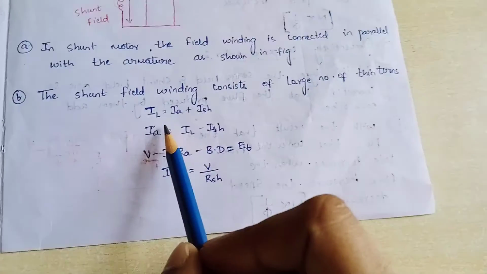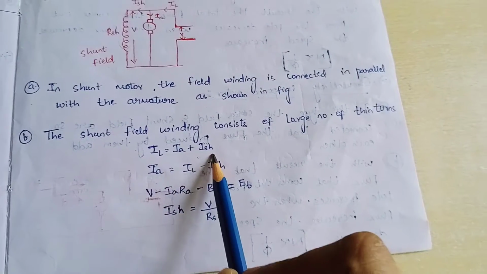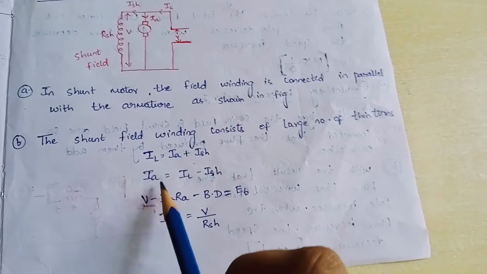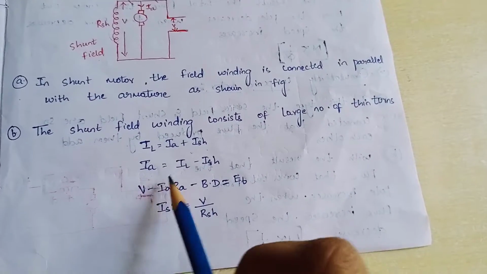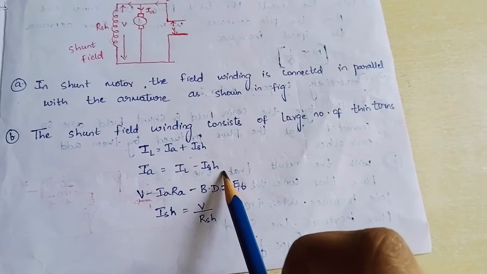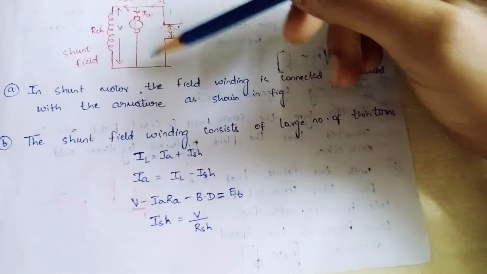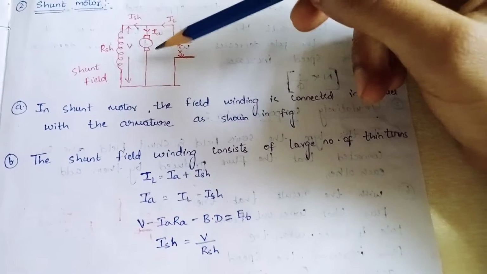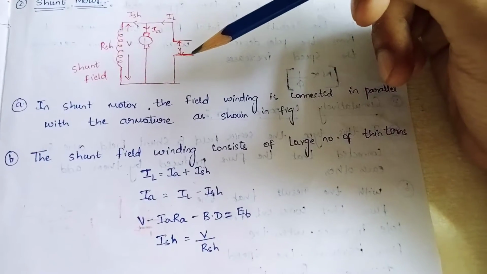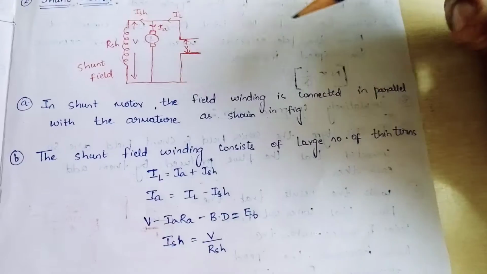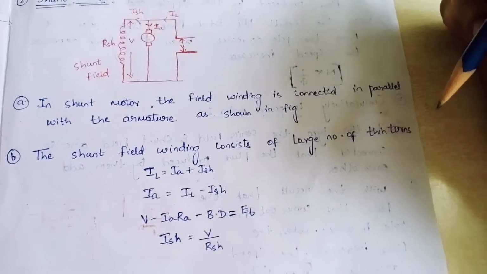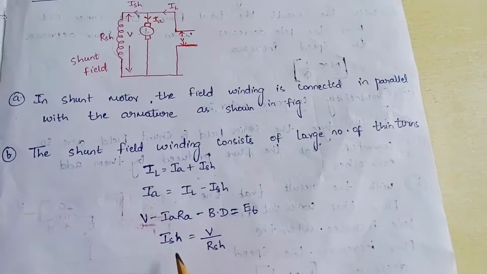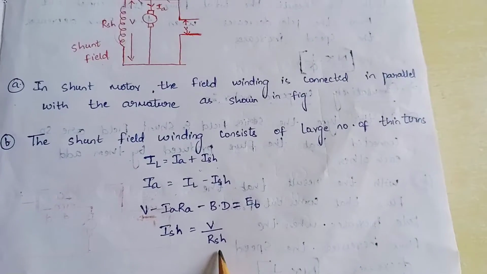We get IL equals IA plus ISH, and from this we can form the equation IA equals IL minus ISH. By applying KVL, we get V minus IA RA minus brush drop equals the induced EMF. The shunt field current is given by ISH equals V by RSH.